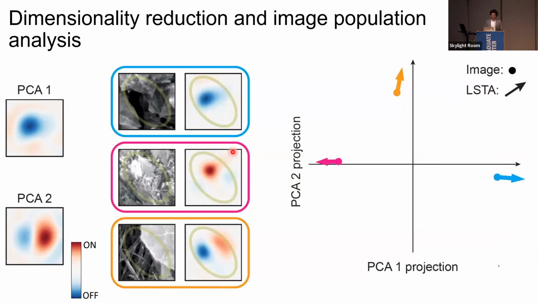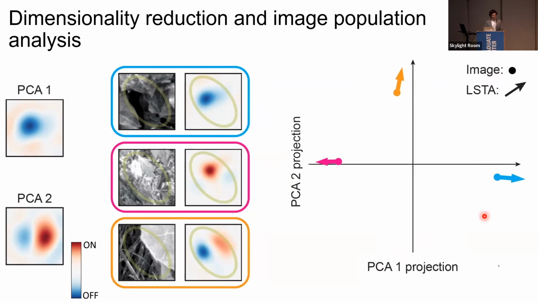And we can use those 2 principal components as axes on a plane, and we can project on this plane all the natural image and local STA couples that we predicted with the model. For example, we can take this image here and project it on the 2 components to obtain this point. And then we can take the image plus the local STA and project it again to obtain this other point here, and then link the 2 with an arrow.